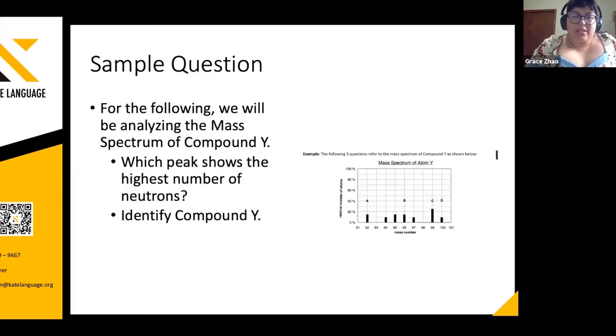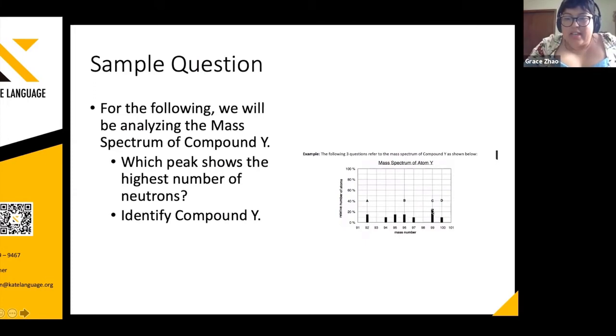Okay. So here's another, a sample question from the AP exam, actually from the 2018 AP exam. Say you were analyzing this mass spectrometry graph of atom Y. We'll be analyzing the mass spectrum of compound Y, and the question is which peak shows the highest number of neutrons, and you would have to identify it.